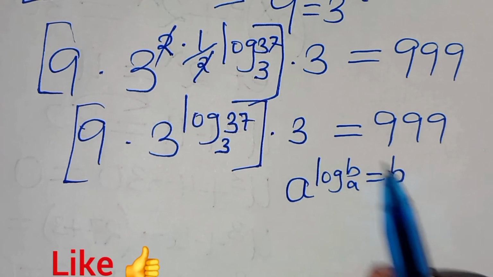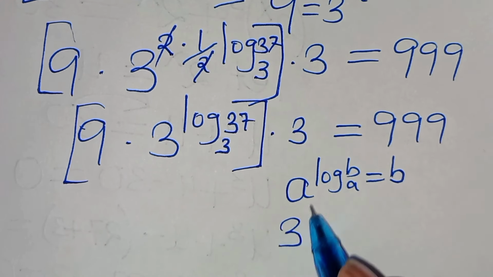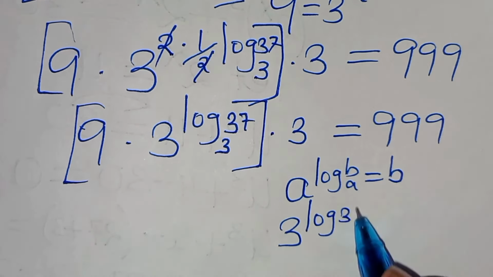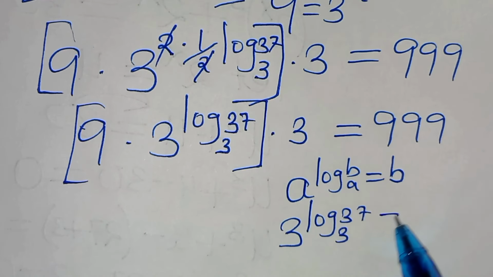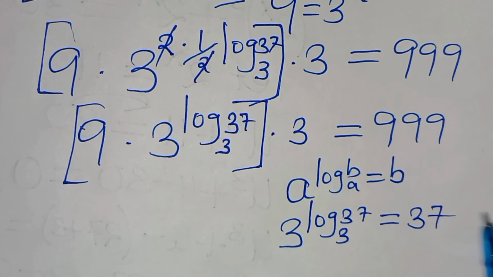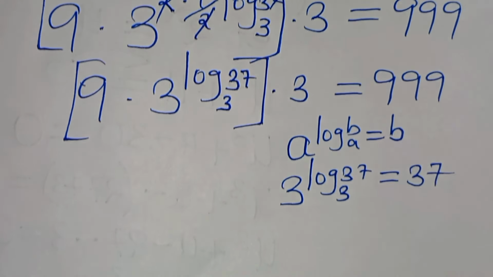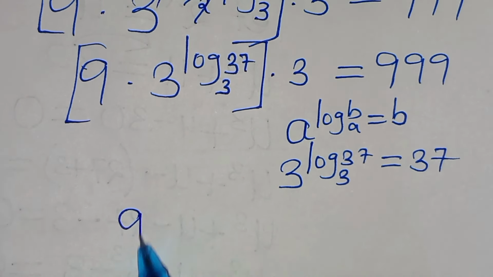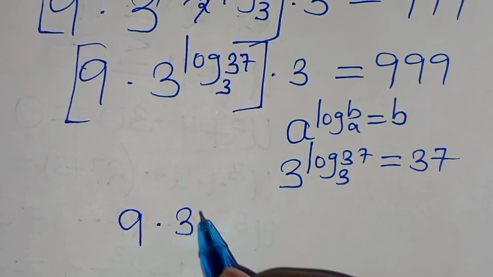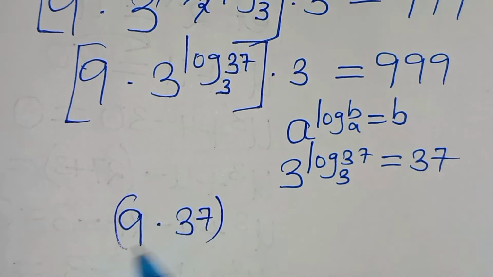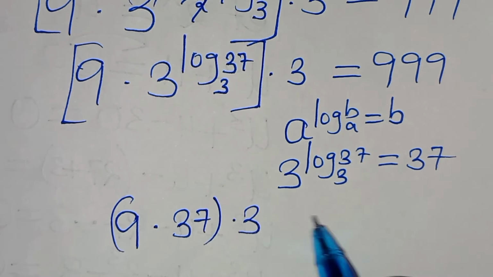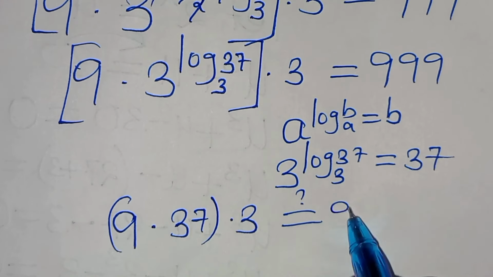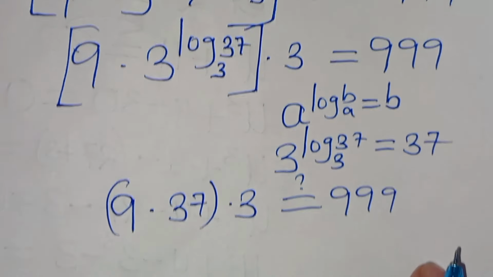So let's apply this property, so that 3 to the power of log 37 to base 3, this is equal to 37. So this implies that here we have 9 multiplied by 37 multiplied by 3. This should give us a value of 999.